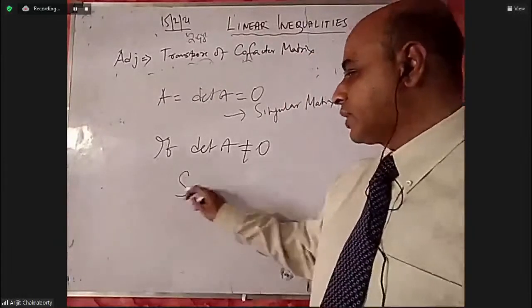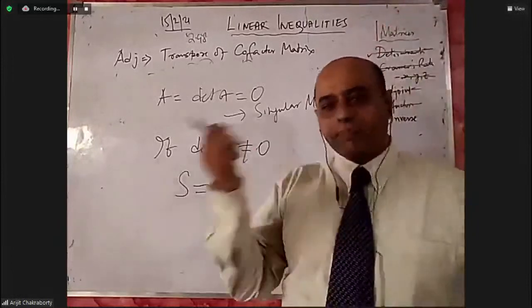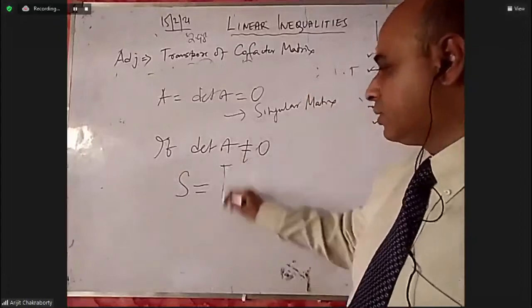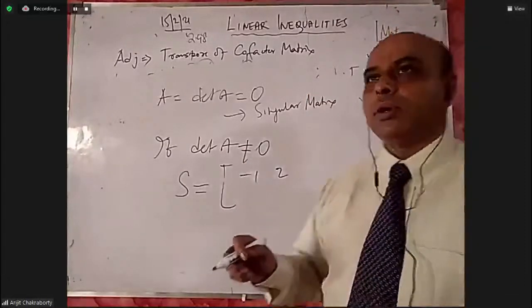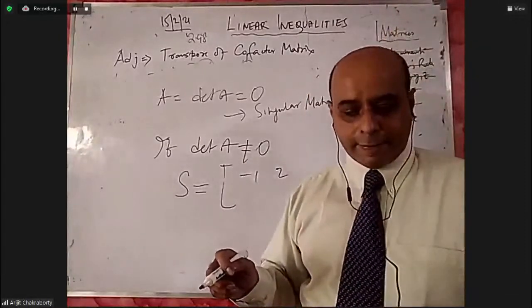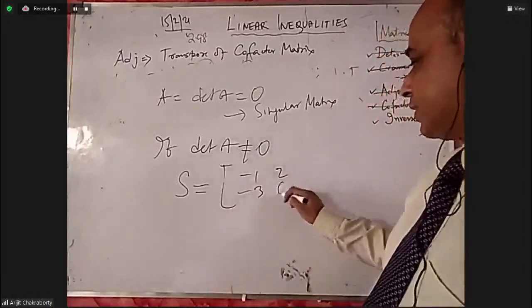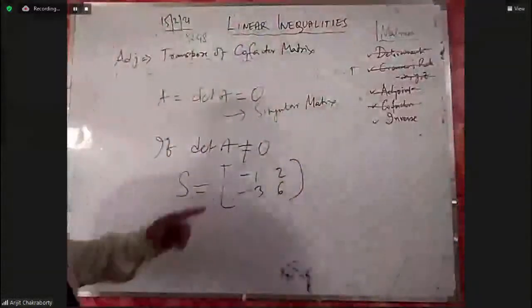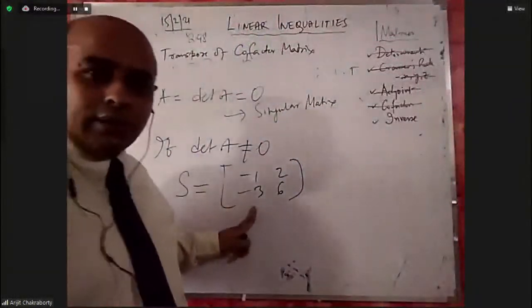So let me take a simple example. Let me take a matrix S. Okay, let me take an easy one. Let's take -1, 2, and -3 and 6. So this is a matrix. Okay, I will find the determinant.